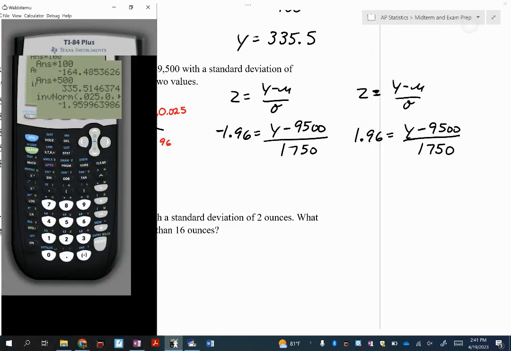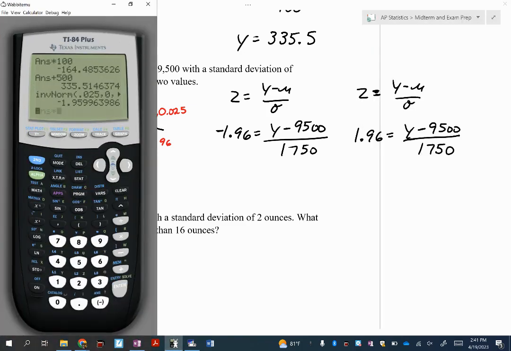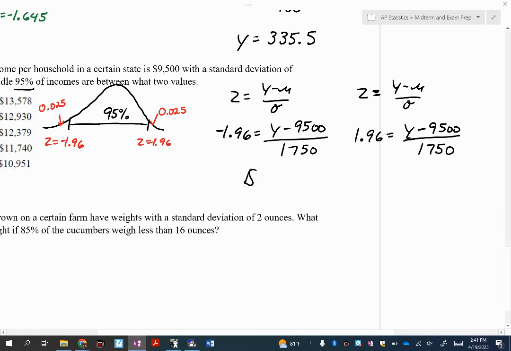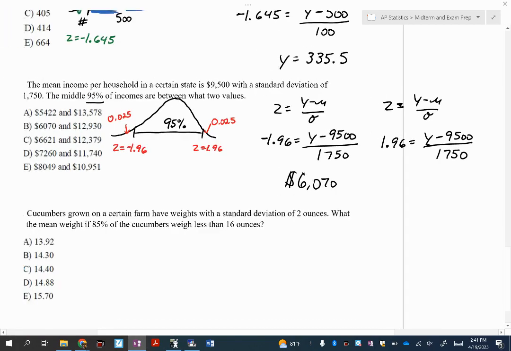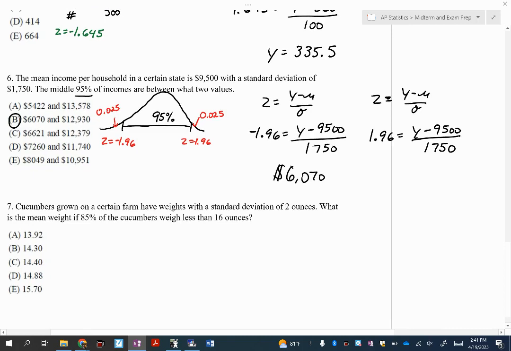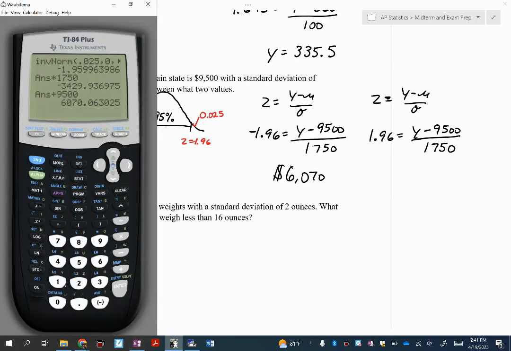All right, so let's get the first one. So times 1,750 plus 9,500. So $6,070. Does that give me enough for an answer now? Yep, it's B.